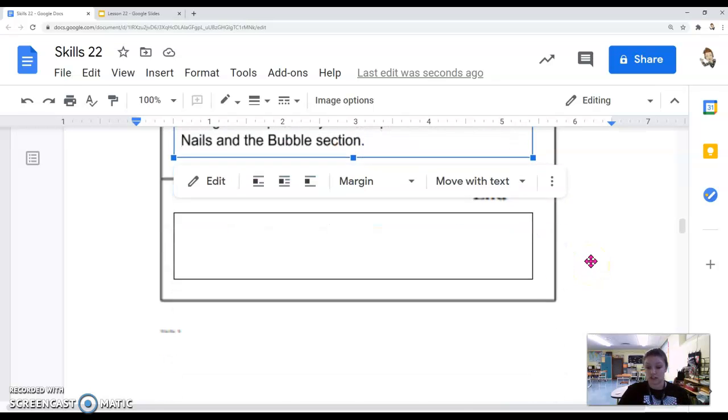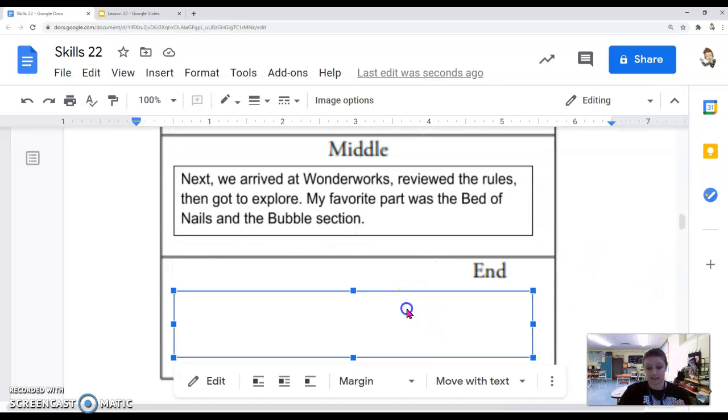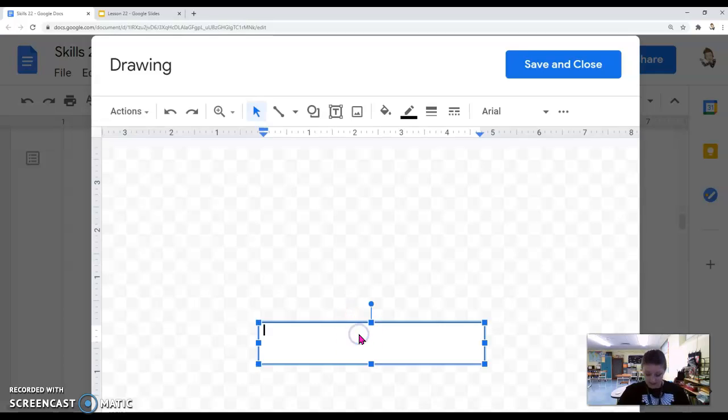This is our planning page. It's okay if it's not perfect. And then at the end, I would say, finally, we came back to the school at the end of the day, and we were all, how are we feeling after the field trip? We like to use feeling words. We were all happy.